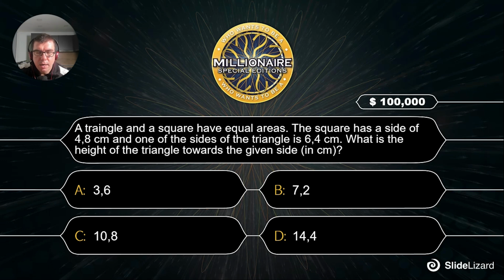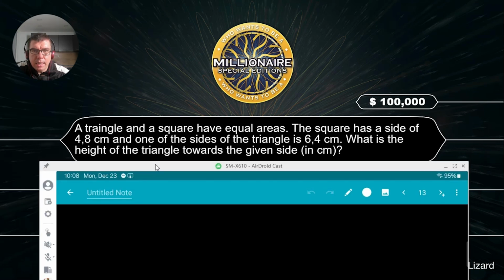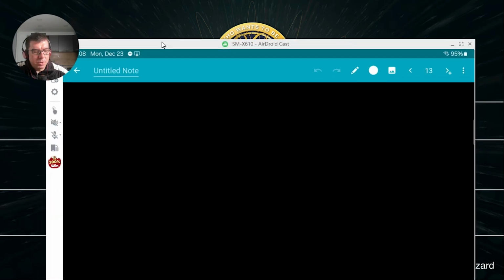Again, let's just calculate this one. So the square has a side of 4.8.